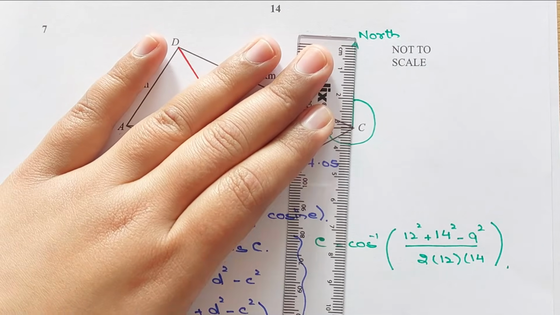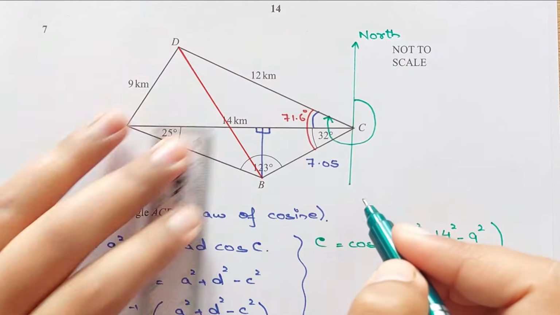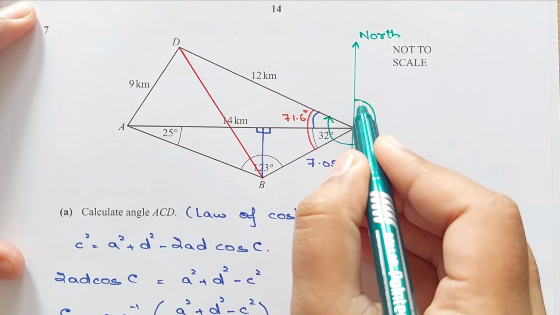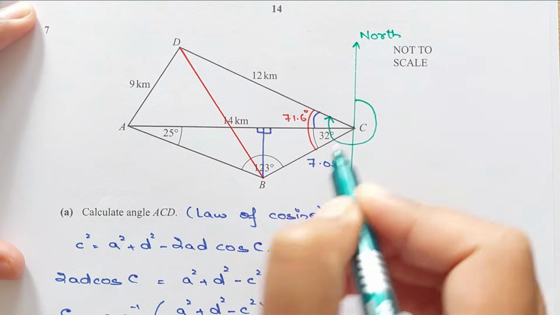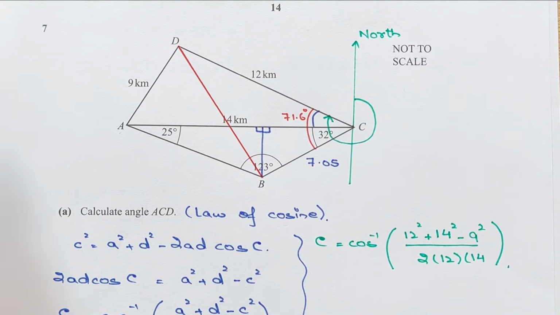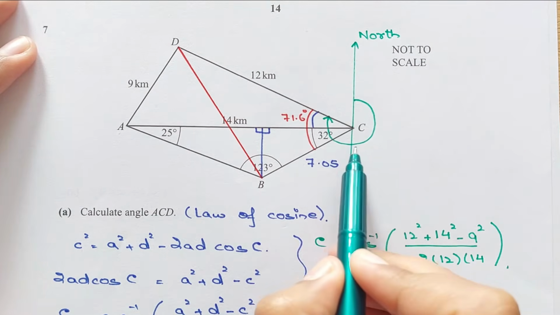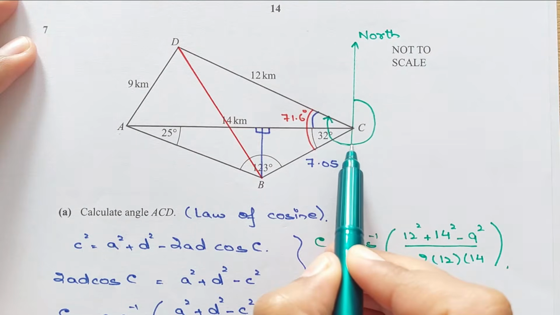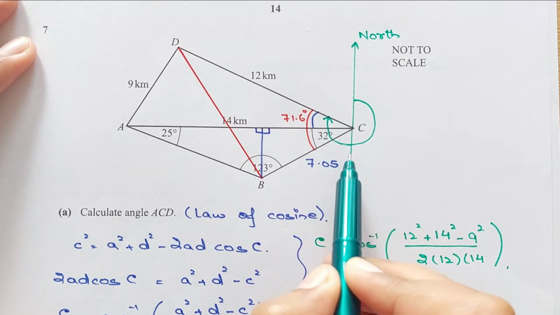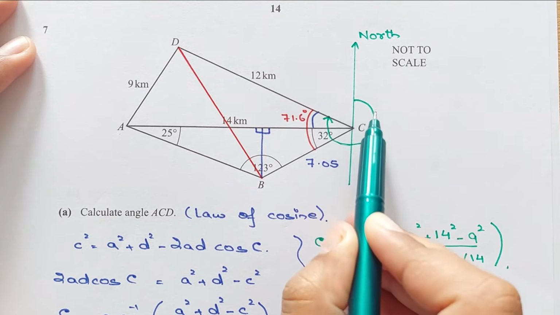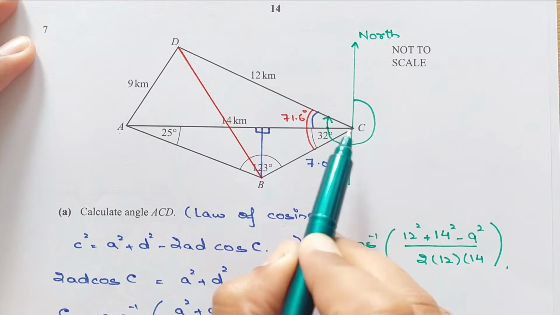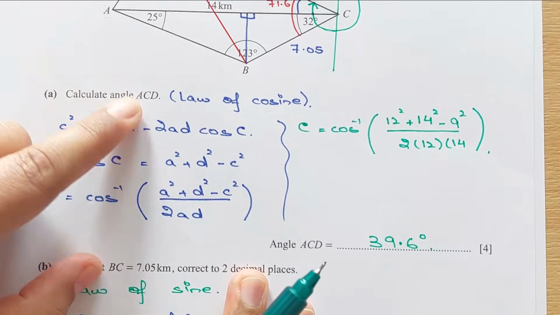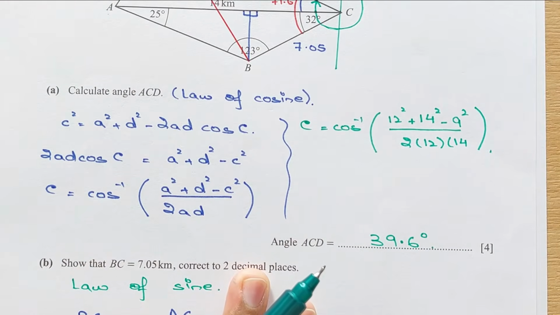So if I extend the north line, you can see that this is 180 degrees. Right. This straight line is 180 and this angle is plus 90. This is again a 90 degree angle. So from this point to this point, this is 270 plus this angle ACD that we got from the first part, that is 39.6.